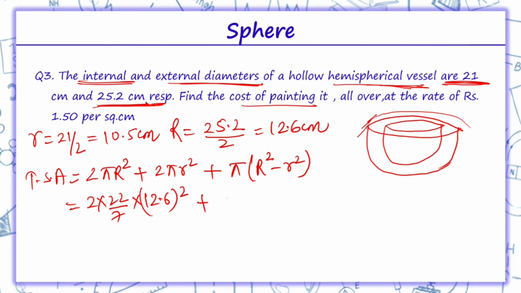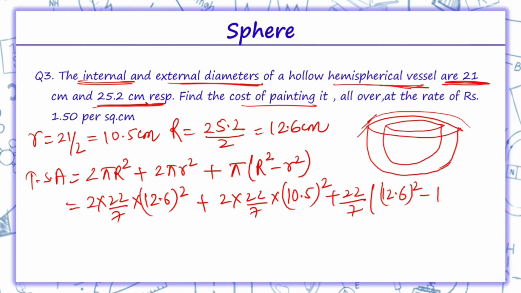2 into 22 by 7 into 12.6 square plus 2 into 22 by 7 into 10.5 square plus 22 by 7 into 12.6 square minus 10.5 square. So, when we solve this, we will get 1843.38 centimeter square. Now, what is the cost of painting?